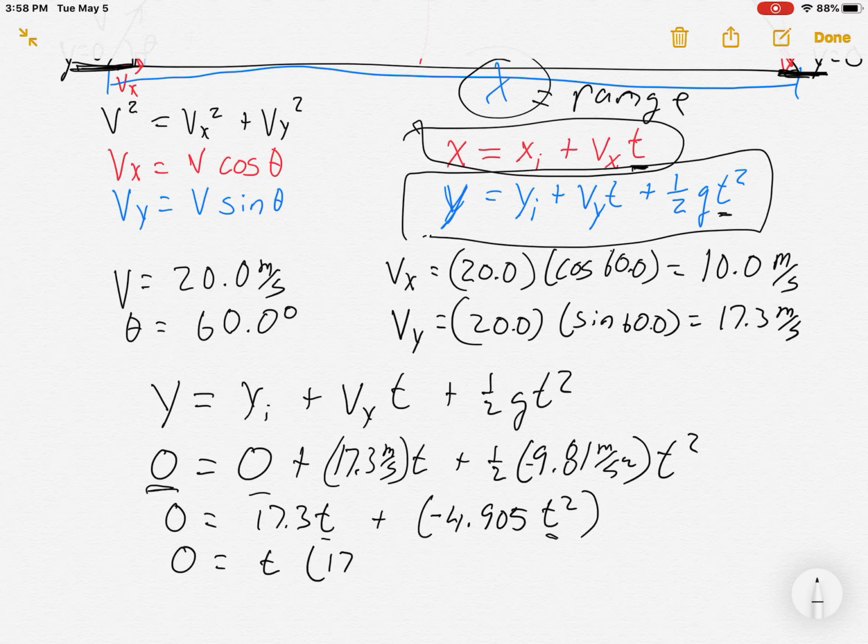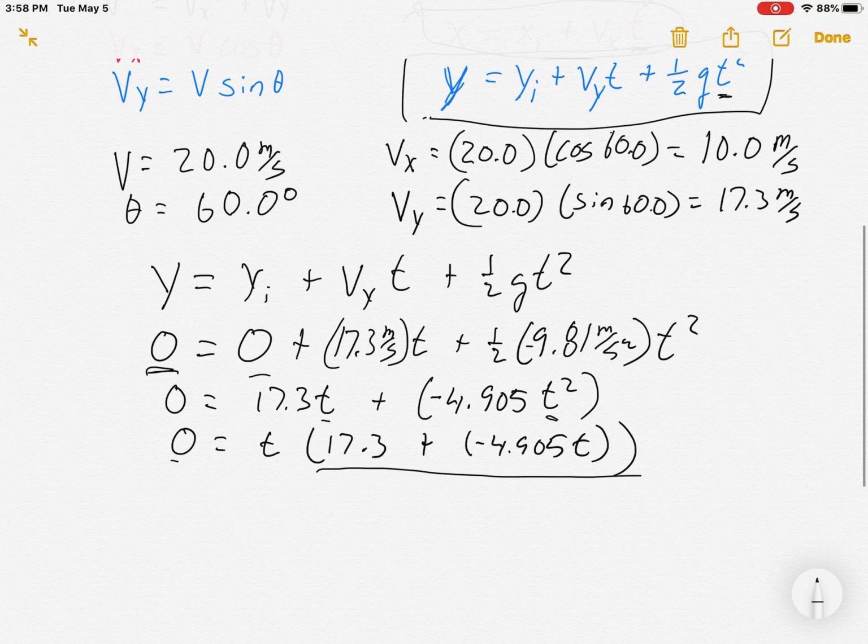So I'm going to rewrite this here as t times 17.3 plus negative 4.905t. Right? I just factored out this t. Well, that means that in order for this to be 0, when I multiply t times this expression right here, one of those two has to be equal to 0. Well, we know that time is not equal to 0, right? So basically, I'm just going to eliminate this t here.